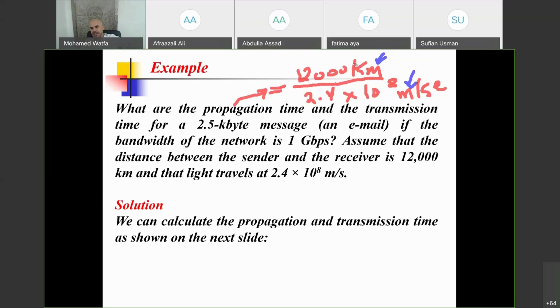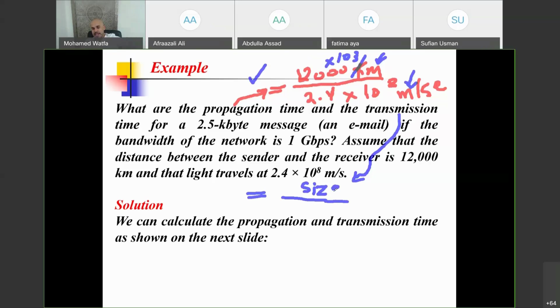Let's replace this kilo with times 10 to the power 3. Why? We want meter over meter. We're doing it now for this question. If you divide them, make sure things are fine, we can find the propagation time. Now, to find the transmission time, as I said, instead of having distance, we have packet size.